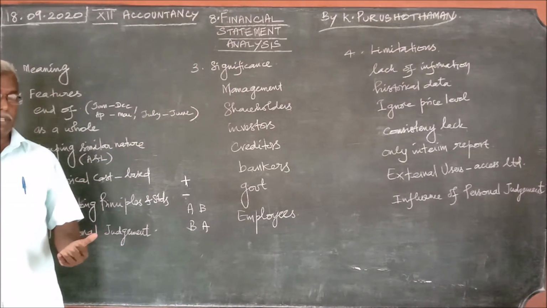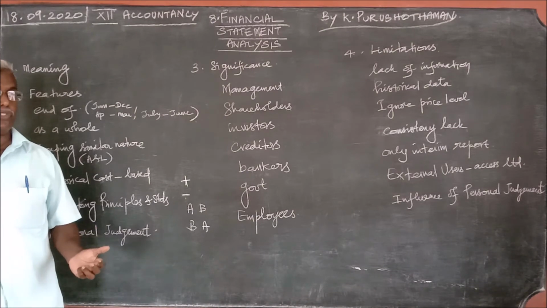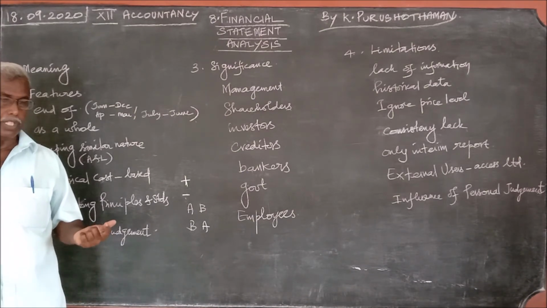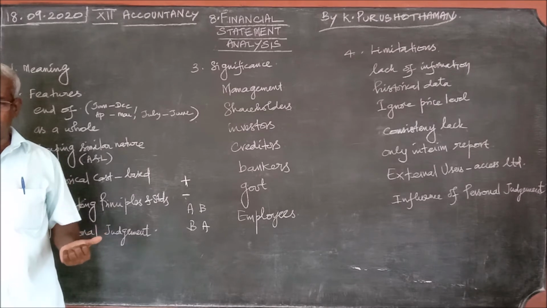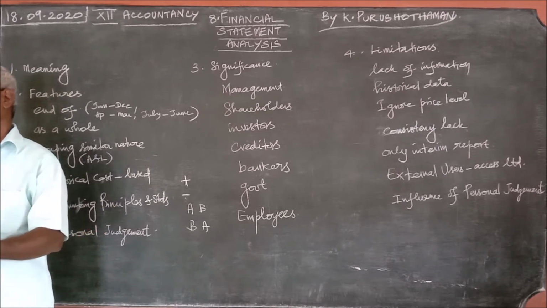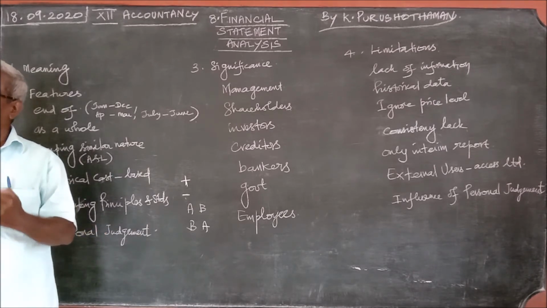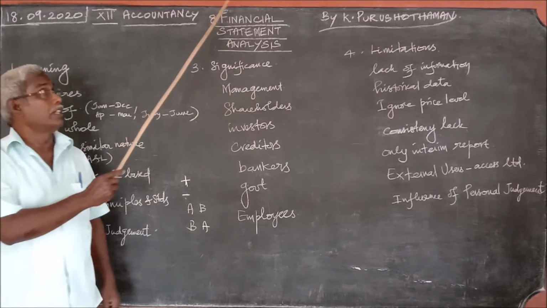Whether the job security is there, whether the facilities can be given by the business, whether the salary can be hiked, whether the bonus or anything else can be given, all these things they will find easily from the financial statement.